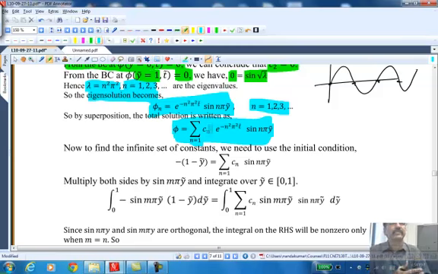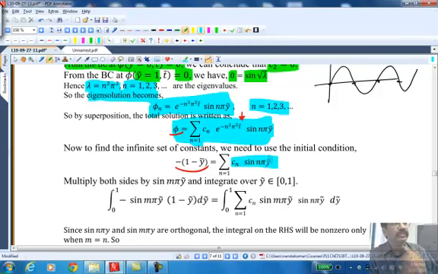The way that we do that is by imposing the initial condition. We still have one condition we haven't used, and that initial condition is at t equal to 0. At t equal to 0, the function phi is 1 minus y tilde. That's the initial condition that we derived. So put t equal to 0, the exponential term drops out, and what is left is the sum of Cn times sine n pi y.